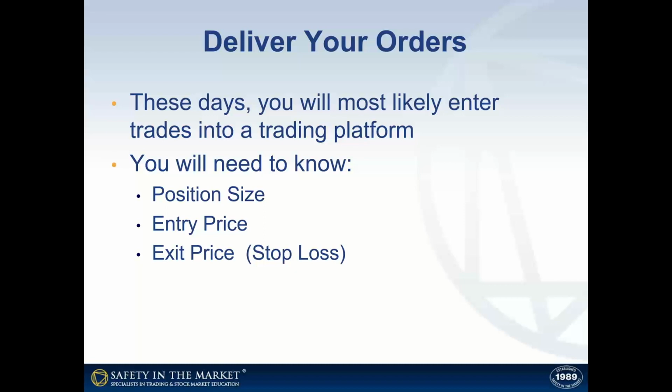And if you don't have time to put your stop loss on, you can end up losing more than you thought. And then, of course, you also need another exit price, which is your profit target. So they're the four things that you're going to need to know in order to deliver your orders to your broker. The entry and the exit prices are all going to come based on your analysis that we discussed in video 5.